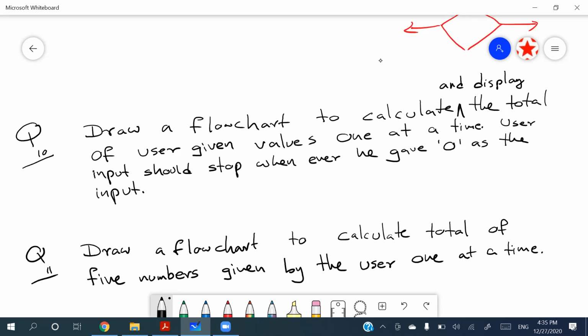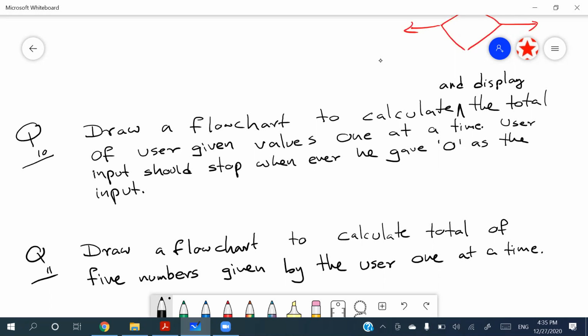It's 30. Then you ask another number from me, right? I'm giving 50. So 30 plus 50, total is 80. You will ask another. I'm giving 10 again. So total is 80 for the moment, 80 plus 10, total is 90. Then you ask again. I'm giving 0.